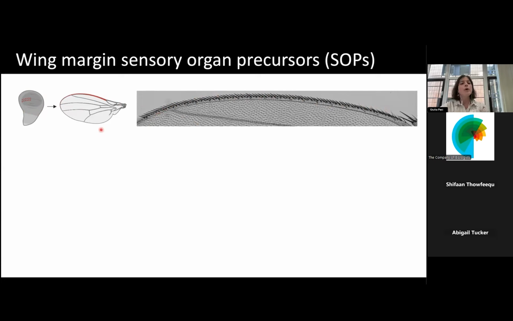This is actually quite a conserved process. Just as a reference, this is the same process that underlies the formation of sensory organs in the inner ear in mammalian systems.